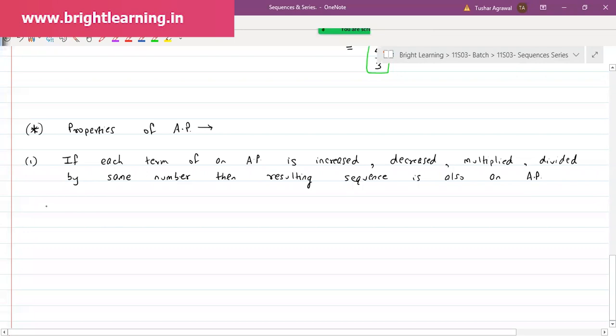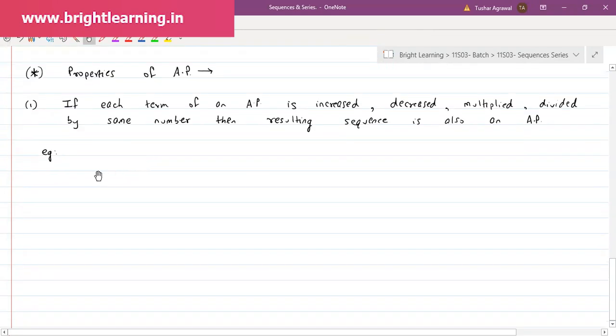This property is very useful. For example, consider the original sequence, generalized: A, then D steps ahead, A plus D, then A plus 2D, A plus 3D, and so on.